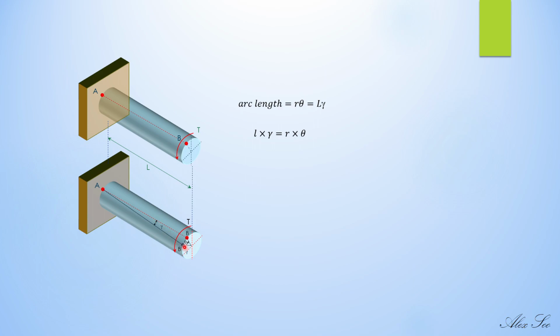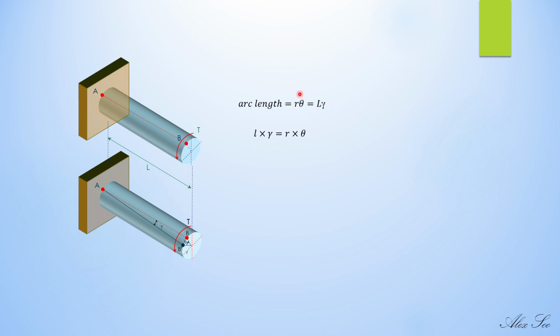So the constant will be either the length or the radius. When you say arc length is directly proportional to theta, there should be a constant, and that is the radius for this surface. And along the length, if this arc length is directly proportional to the angle gamma, then the constant should be the length of the shaft. So that is r theta equals L gamma.